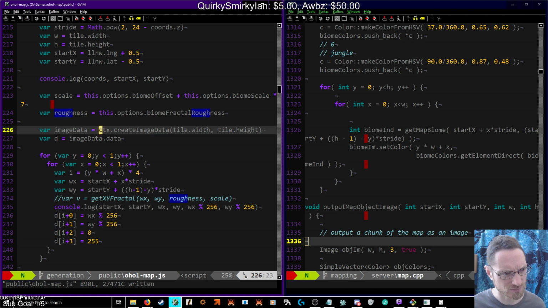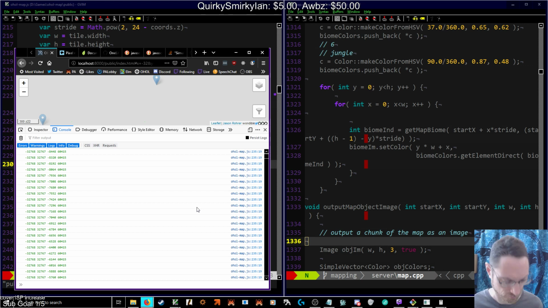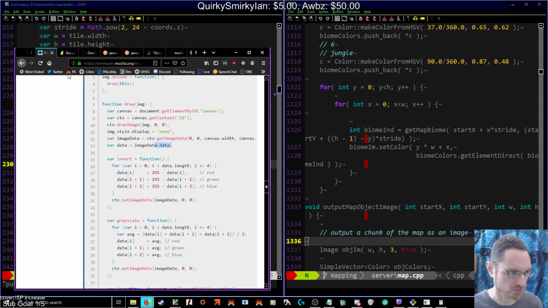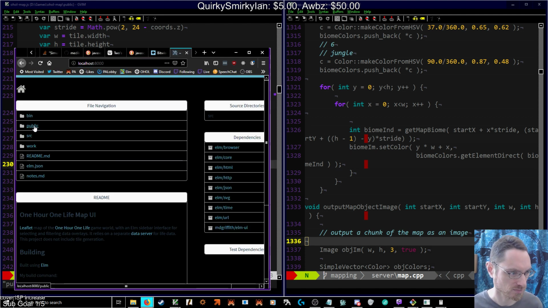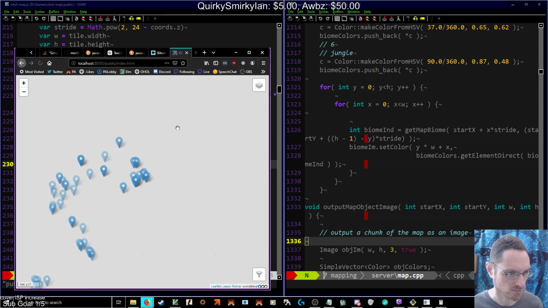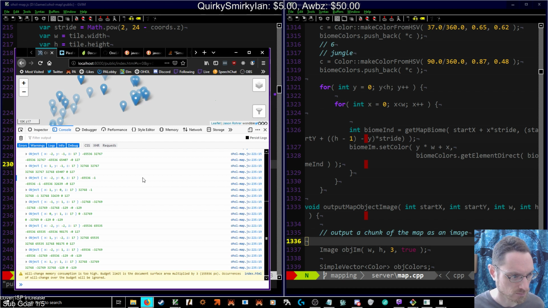Wait, we saw... Actually, okay, no, there's... U. This should be a 0 to 1. I think my debugger's toast. That looks a little bit better.